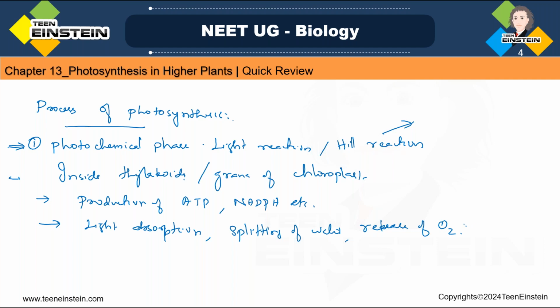Then here high energy chemical intermediates are forming. So all these things are taking place during the light reaction or Hill reaction or the photochemical phase. Light is getting absorbed, water is getting split, oxygen is getting released, then chemical intermediates are forming in this phase.